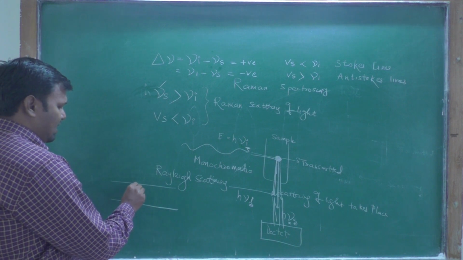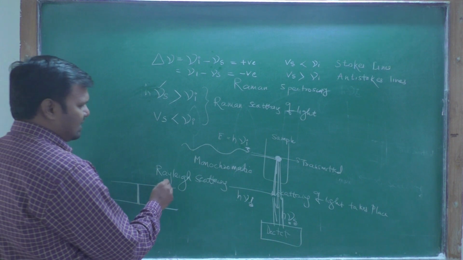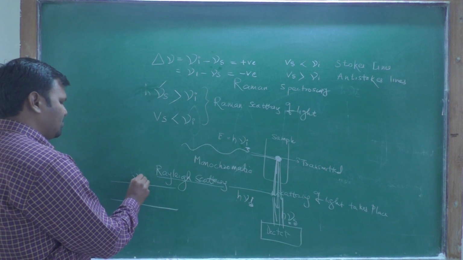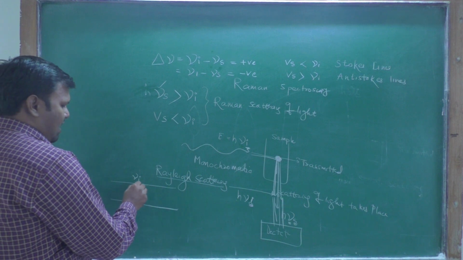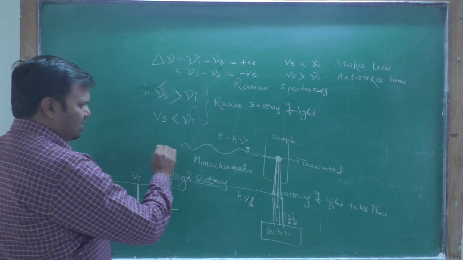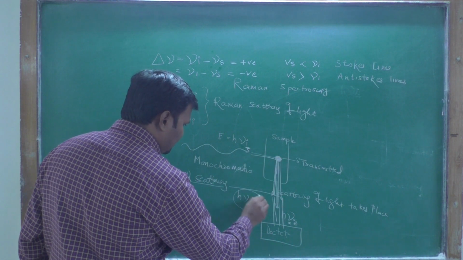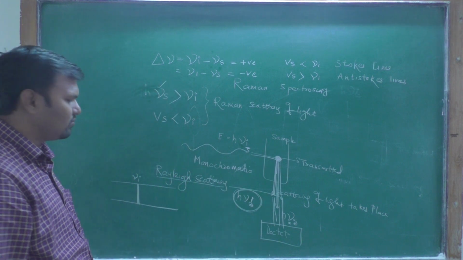In that spectrum, at the middle the Rayleigh scattering line, mu I, is observed. When h mu I strikes molecules and the light is scattered with the same energy, no exchange of energy takes place.